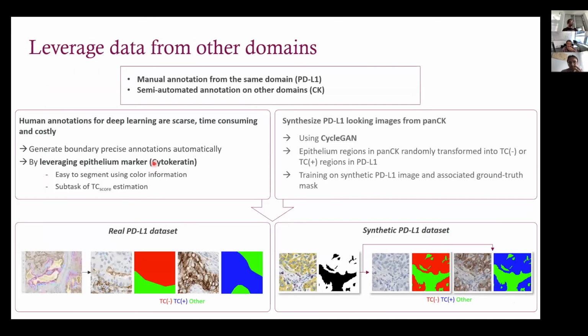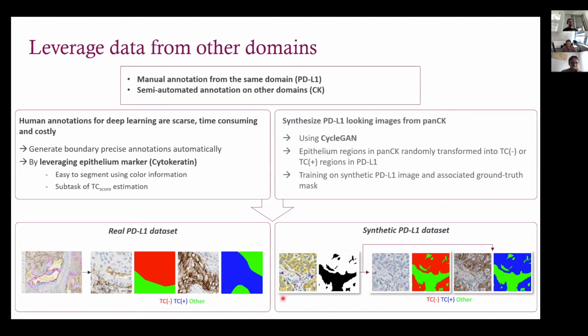And again, the same challenge comes. We can, of course, manually annotate everything, like you would encircle regions of PDL1 positive and PDL1 negative, and that would also work, but we want to minimize this effort, and that's why we want to use, again, data from other domains. In this case, the data will be pan-CK. But the challenge here is you also want to separate out tumor cell positive regions, which are basically highly brown, and tumor cell negative regions, which are unstained for brown.